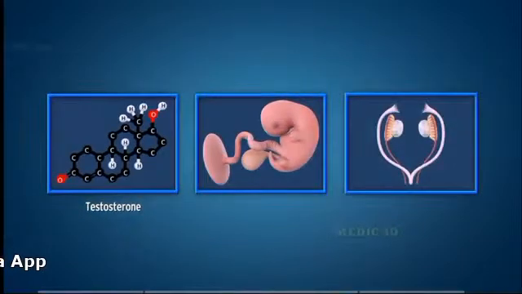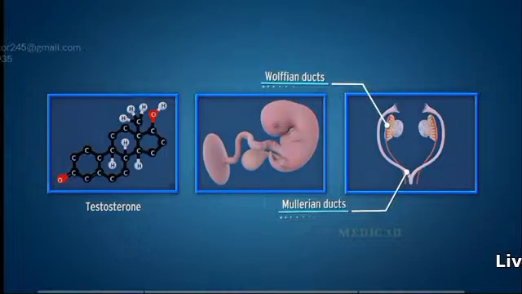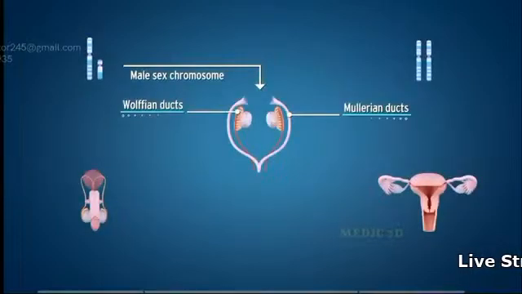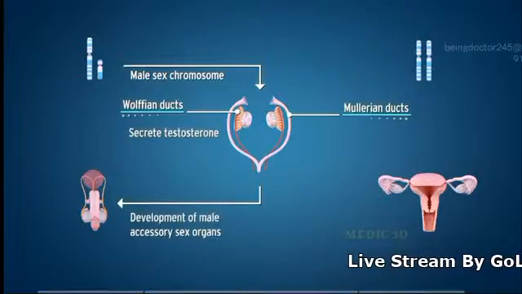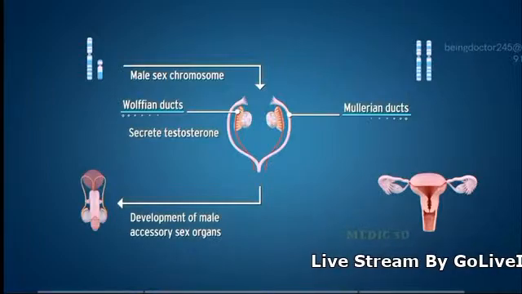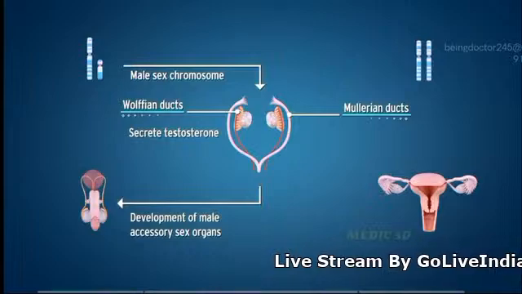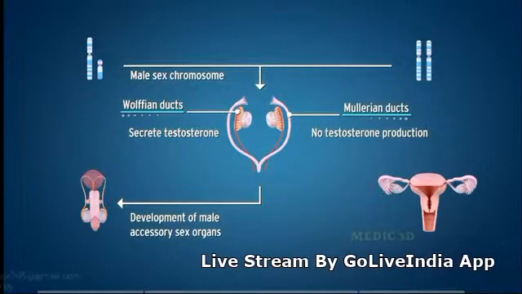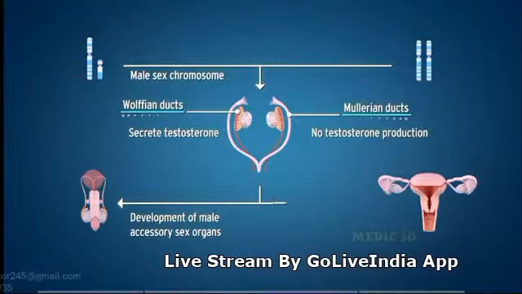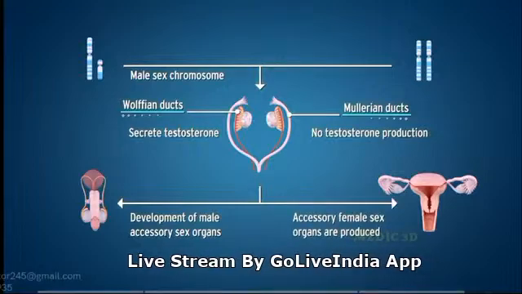Before 7th week, the fetus will have both Wolffian and Mullerian ducts. Male sex chromosome will cause the genital ridge to secrete testosterone, which results in the development of male accessory sex organs. In case there is no testosterone production, the development of Mullerian duct continues, and accessory female sex organs are produced.